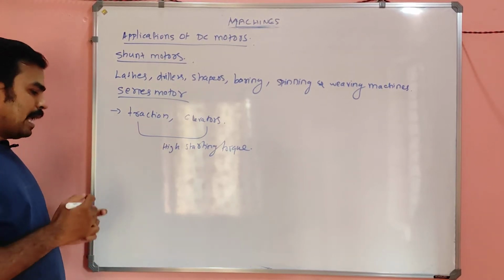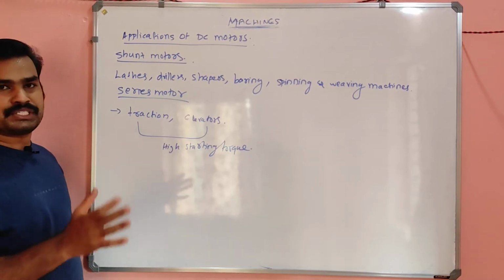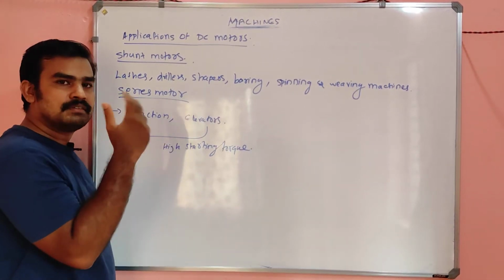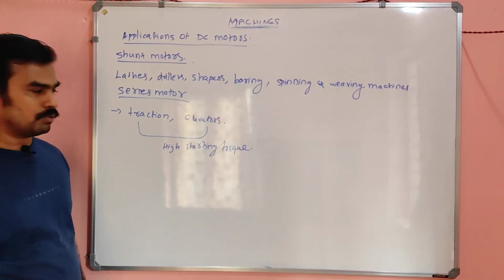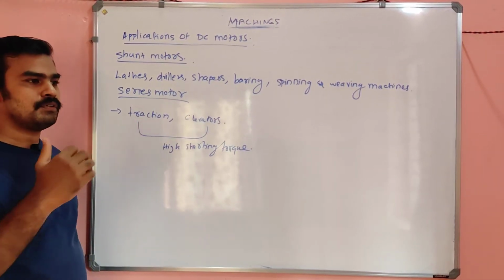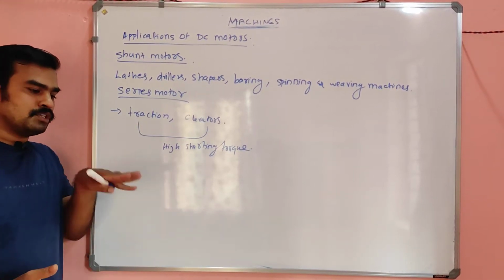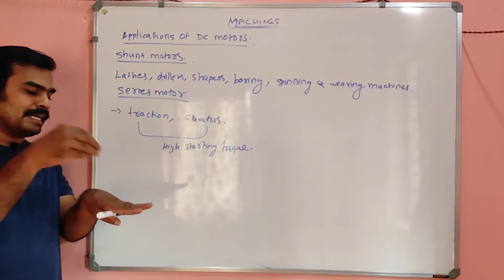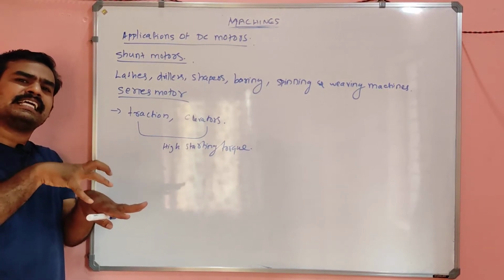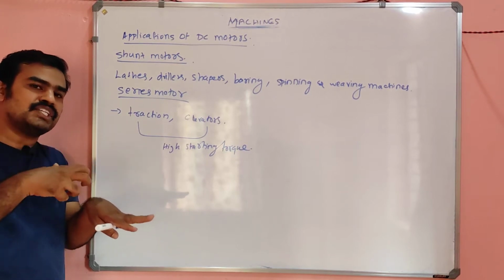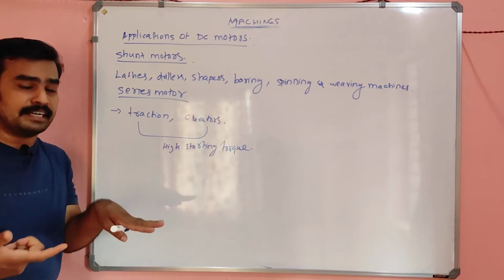Okay. And why are traction and elevators very important? Because in examinations, these two examples are normally asked. Traction and elevators, due to its high starting torque. Traction means, for example, a train is a traction purpose. Suppose the train is at rest and the passengers are inside, so it will have a very high inertia. By overcoming that very high inertia, you need a very high starting torque.